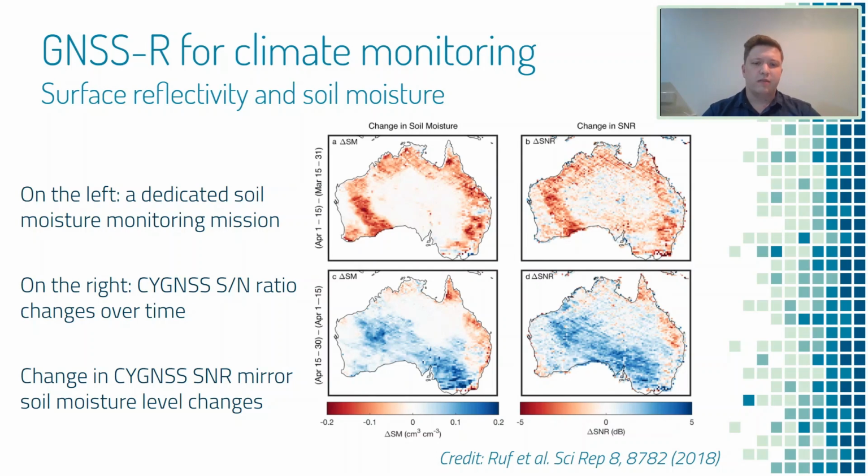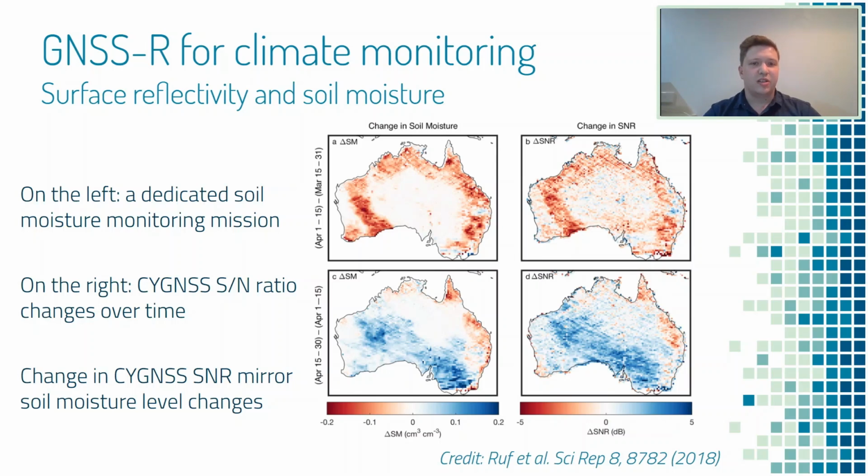So, this lovely figure of Australia here. On the left 2 panels, we have a dedicated soil moisture monitoring mission. In red, we have a change in soil moisture going down, and in blue, we show an increase in soil moisture. Now, on the right-hand side, we see the Cygnus data for Australia over the same time period.